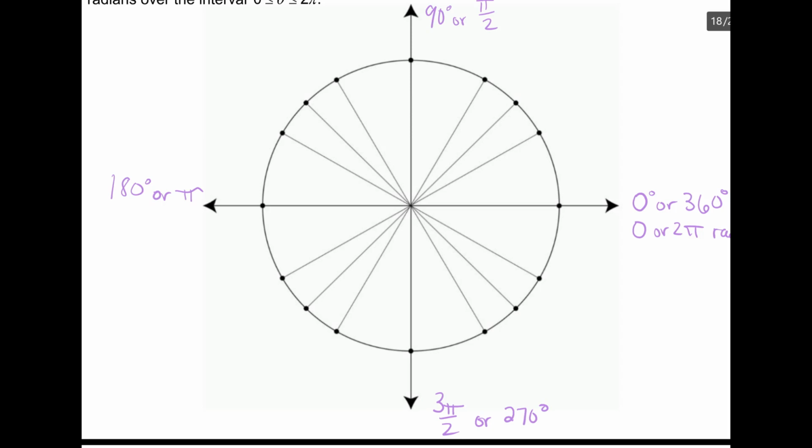Which would you like to do next, Chloe? Which one do you want to do? 45, 30, or 60? All right, so let's label the 45 ones. How do I know where 45 is located, Michaela? It's an acute angle, but if I labeled 0 and I labeled 90, what's the trick I'm looking for?